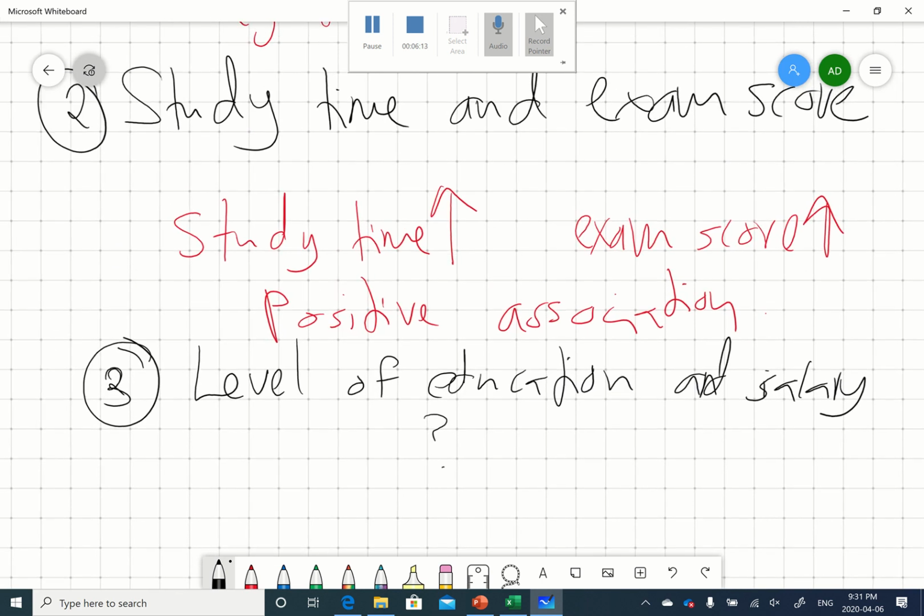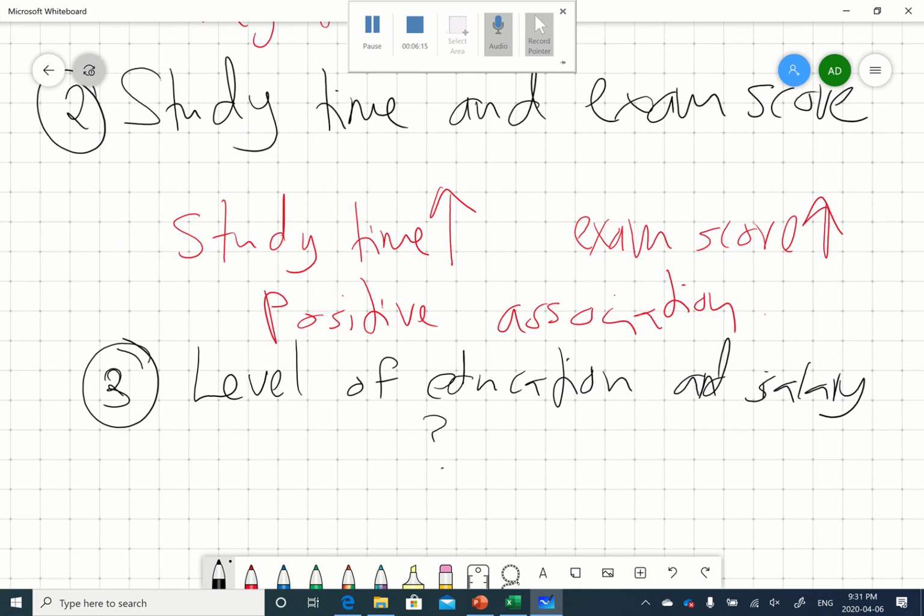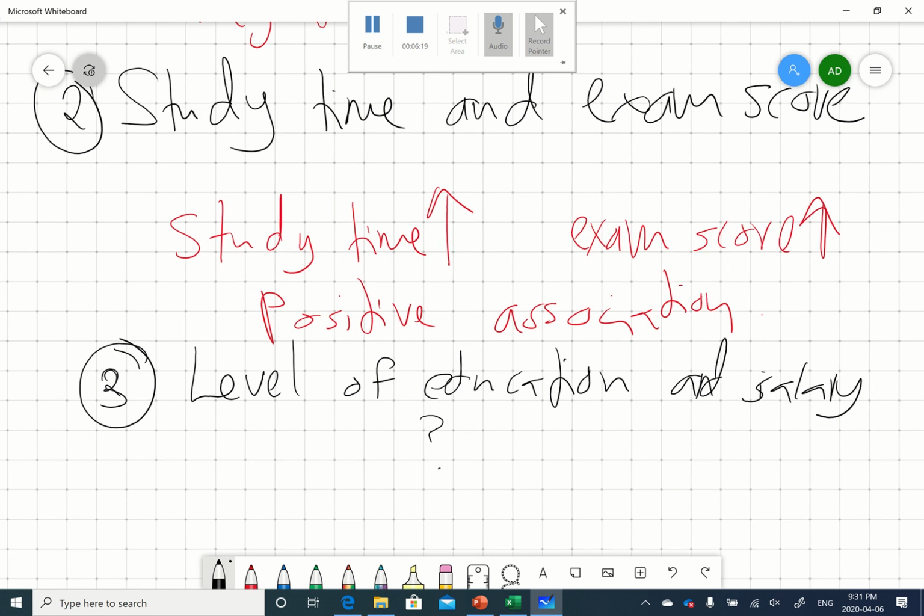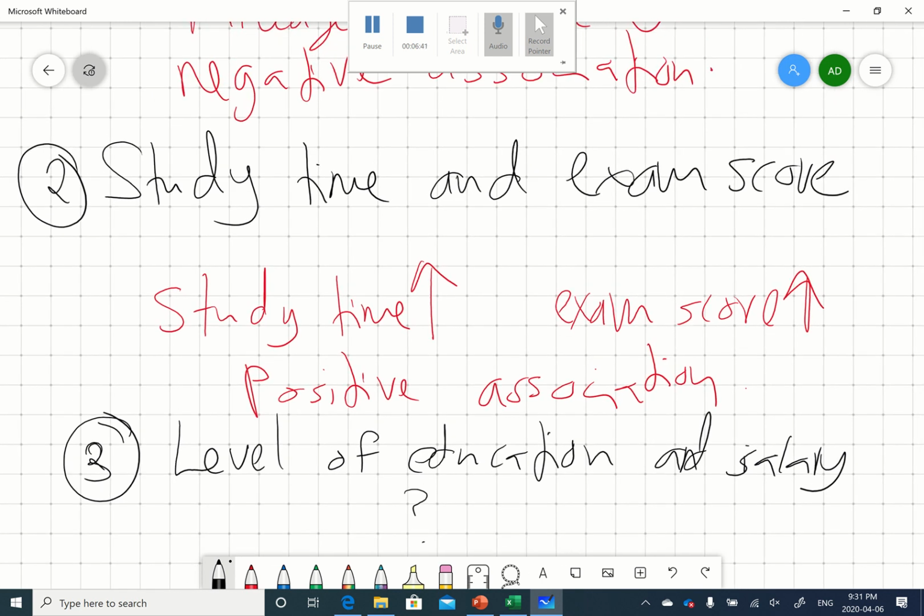In all of these, by using your general knowledge, your common sense, you would easily identify what kind of association we have between these two variables, right? But these are just without any evidence. These are not educated conclusions. In regression and correlation, we are going to provide solid proof. We are going to prove that when you increase the study time, the exam score actually goes up.